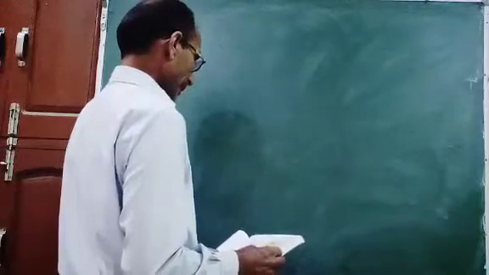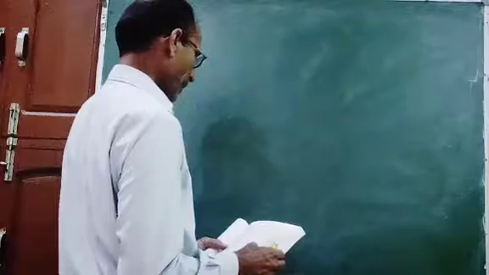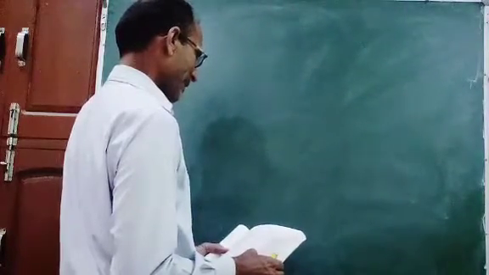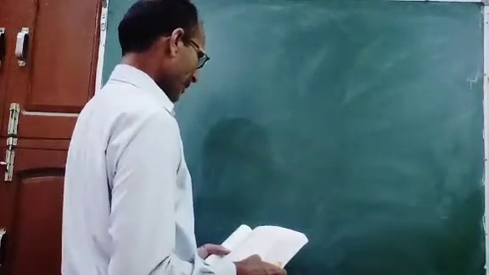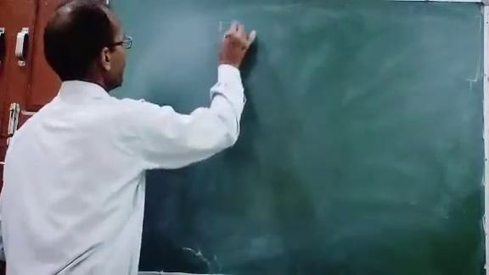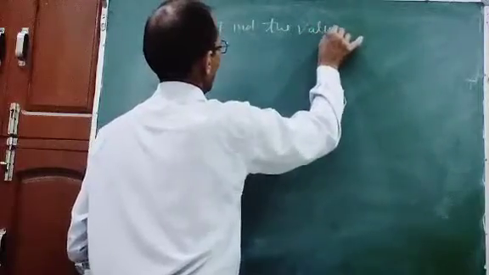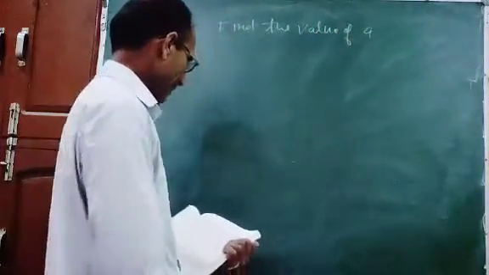Exercise 4.6. First question. Find the value of a, if the value of x square plus 3x minus a is equal to 8 and x is equal to minus 1. So what is the given expression?